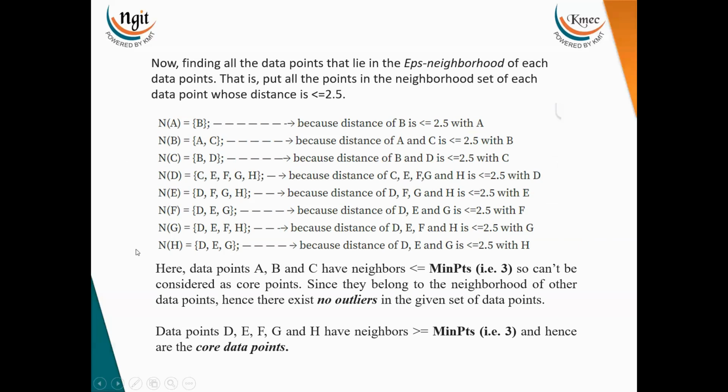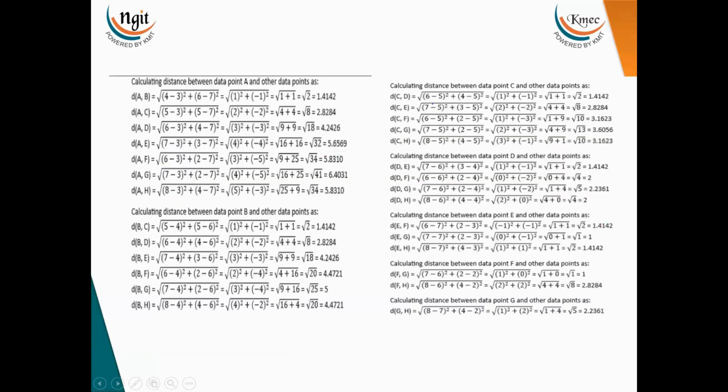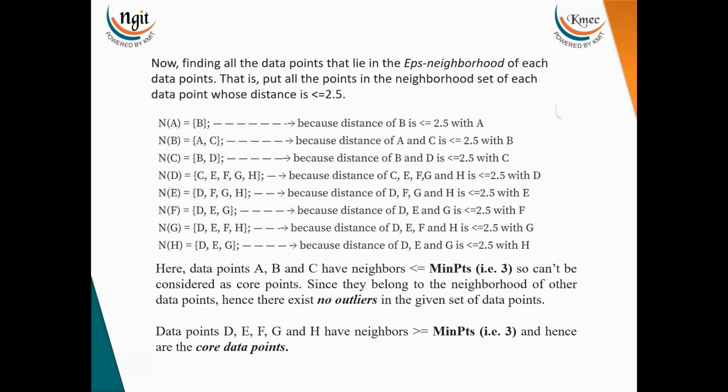After calculating the neighbors of all the data points, here we can see A is having 1 data point in its neighborhood, B is having 2 data points, C is having 2 data points. Along with the dataset, it is given that the minimum points is what? 3. So we need to have at least 3 minimum points.